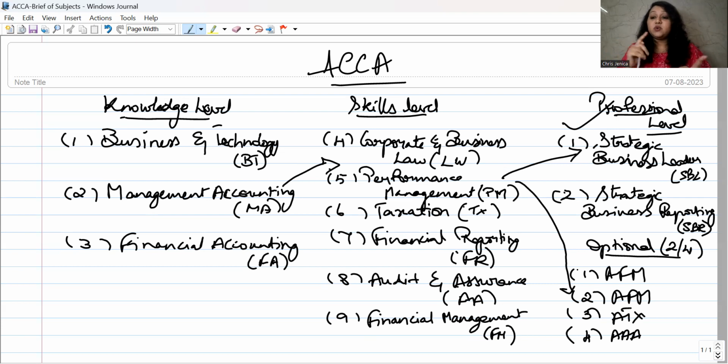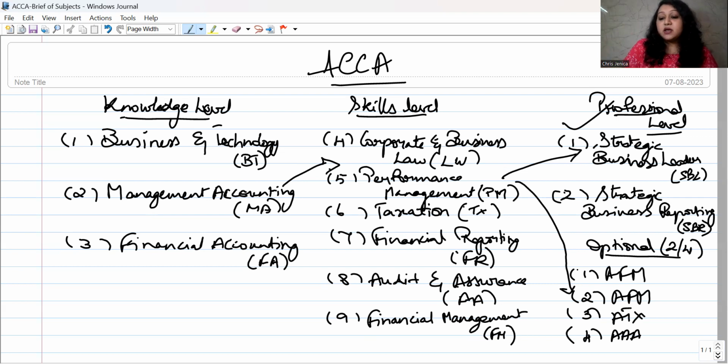Basically, in your professional level, you have two essential papers that are compulsory to clear. That is Strategic Business Leader. This is also where you will be learning business structure, organizational structure, and corporate governance in a higher way, and your external environment, through different business models and strategic models.